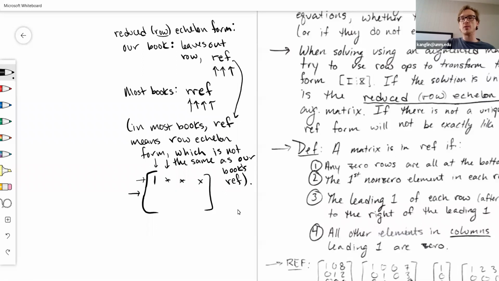Other things that would be acceptable and still satisfy this third requirement would be having 2 zeros here, and then maybe your leading 1. Because still, when I went down a row, my leading 1 moved to the right, in this case to the third column. So long as moving down a row takes your leading term to the right, you are satisfying this third requirement.